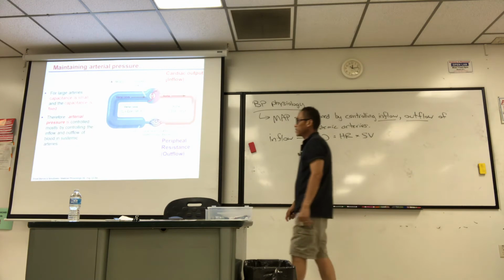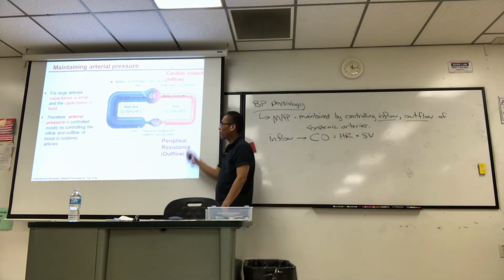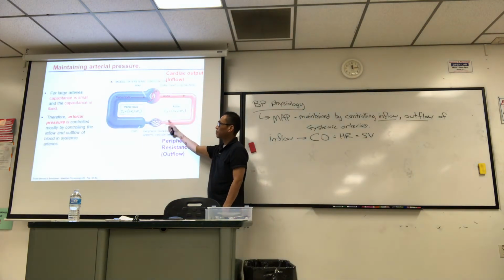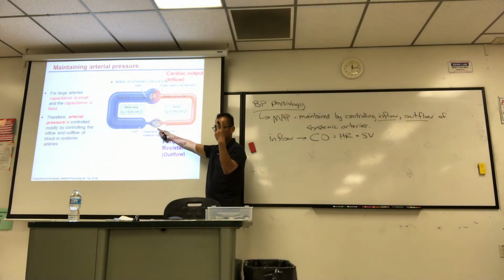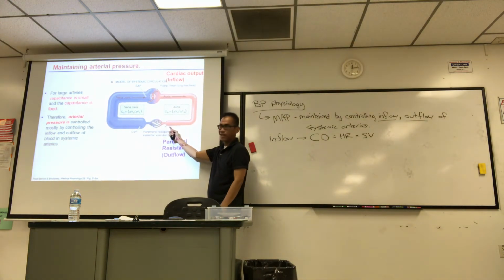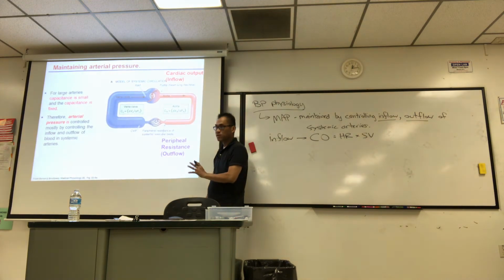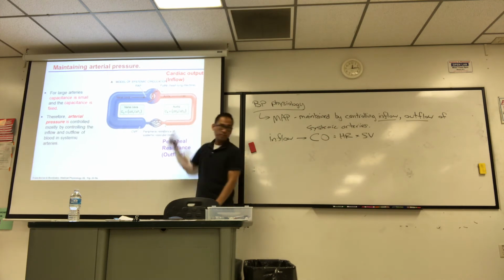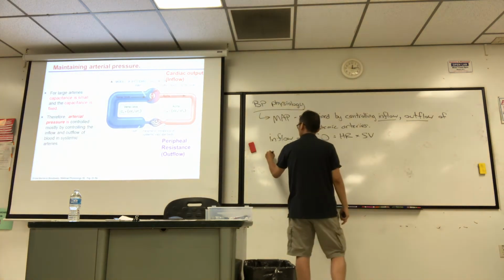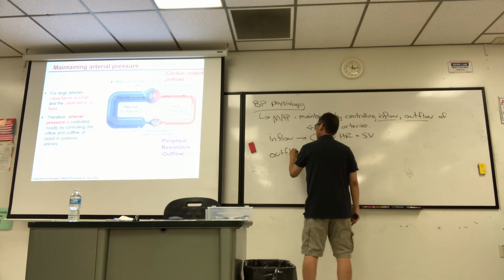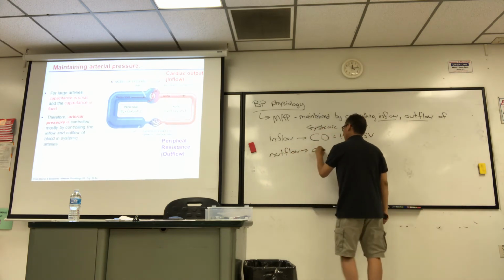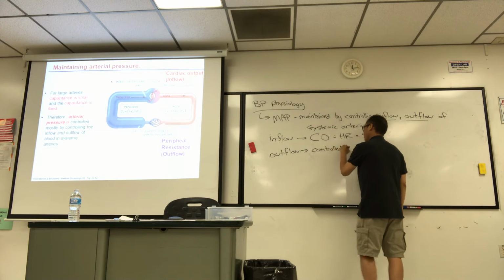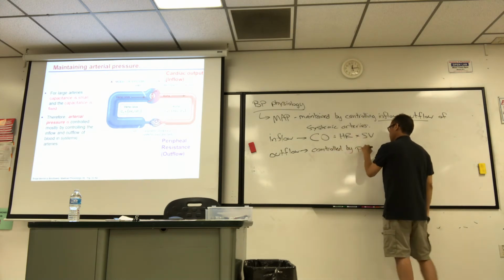In our discussion of blood vessels, in terms of arteries, what are the last, smallest arteries called before the capillaries? Arterioles. So that kind of represents that. So the outflow is kind of like the peripheral resistance provided mostly by arterioles, right? Because you can control how much blood is in the tube by controlling that as well as that. Controlled by peripheral resistance.